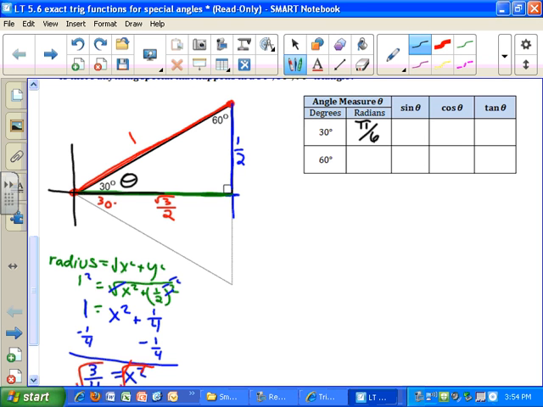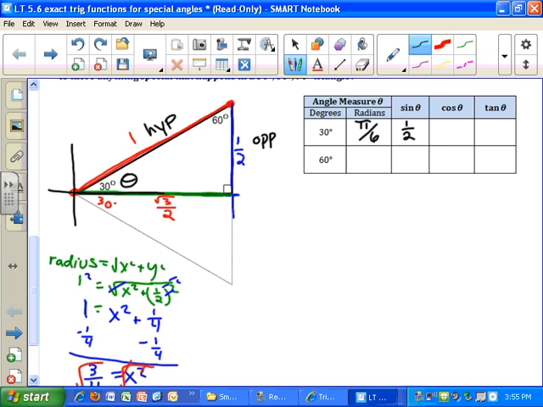So sine of theta is this opposite side, or the y value, over the hypotenuse. So it's going to be 1/2 over 1, or just 1/2. You can double check that. Type into your calculator either the sine of 30 or the sine of pi over 6, depending on which mode your calculator is set to, and make sure that the sine of 30 degrees really is 0.5.